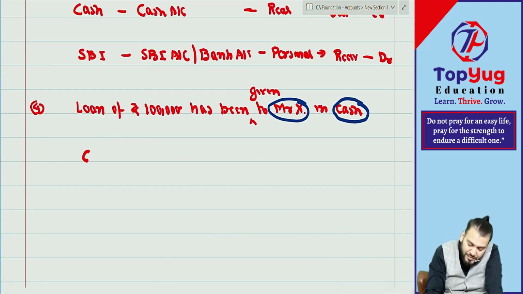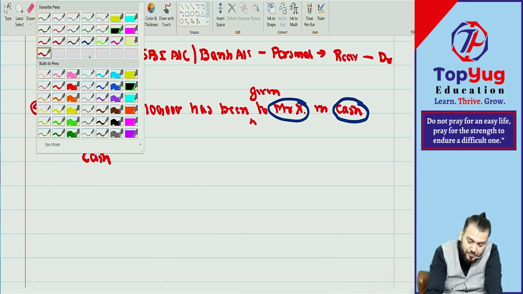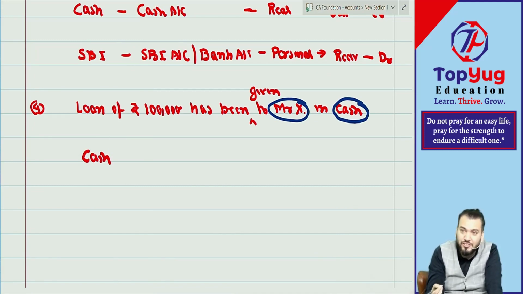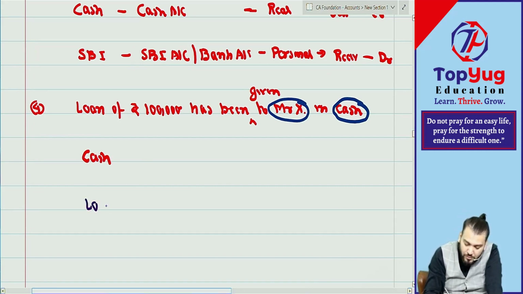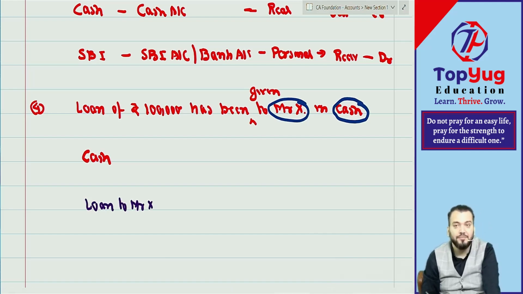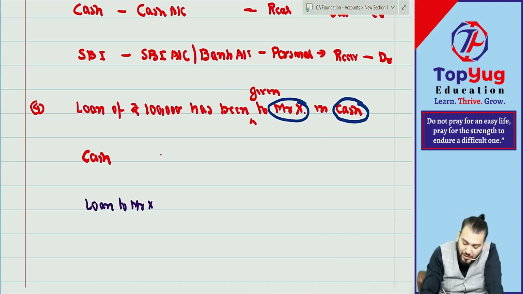One is the cash and one you can say loan to Mr. X. Correct. Understood. So for cash which account? Cash account.